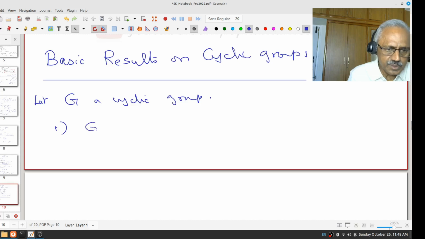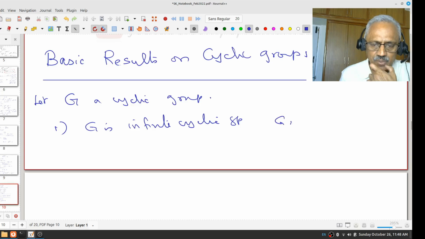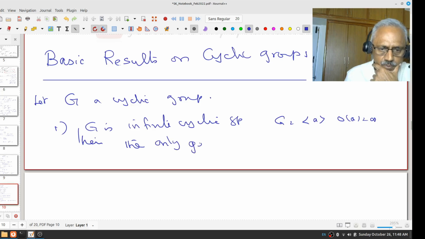One, if G is an infinite cyclic group, that is, if G equals ⟨a⟩ and the order of a is infinity, then the only generators are a and a inverse.